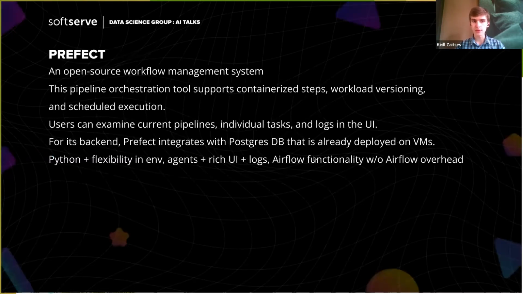So PREFECT is an open source tool that satisfies the requirements mentioned, and basically with simple Python code, it allows you to create a pipeline that will be managed easily from the UI.